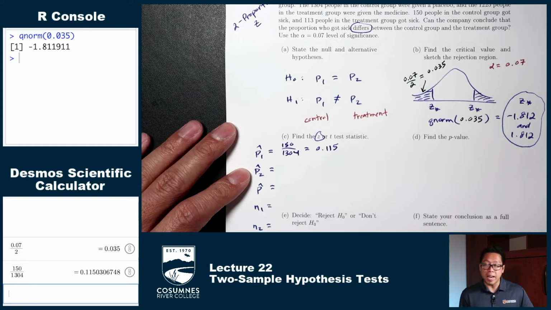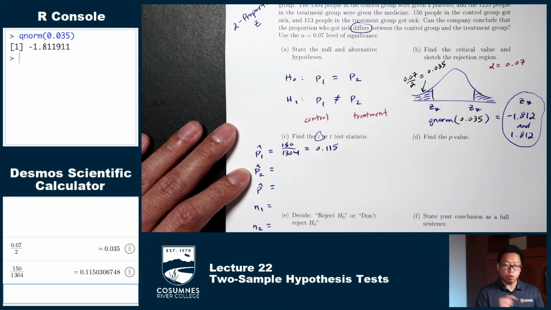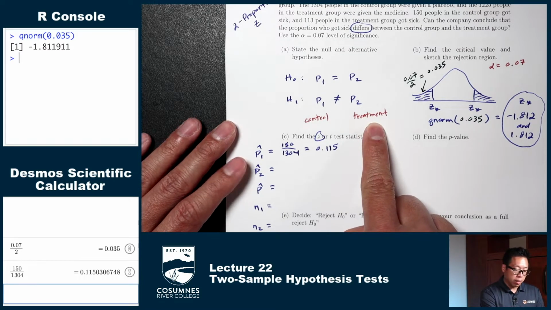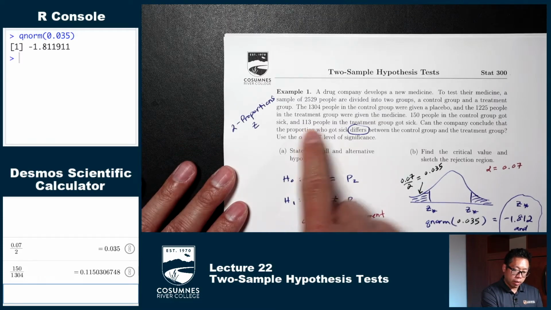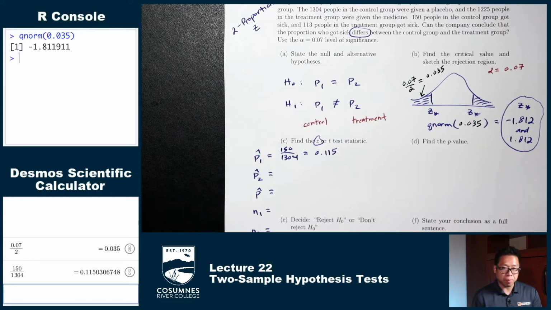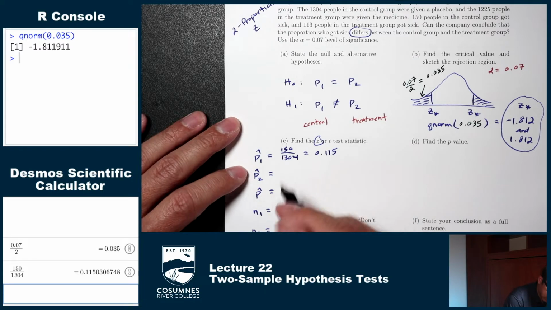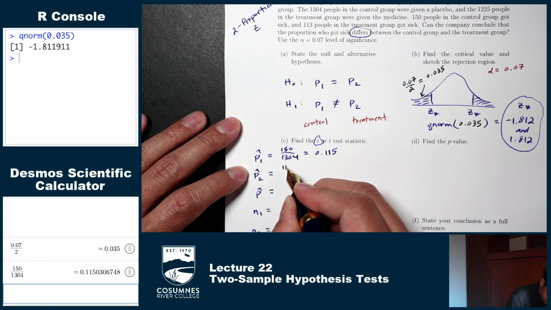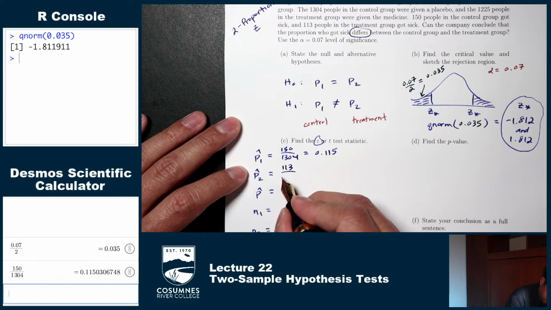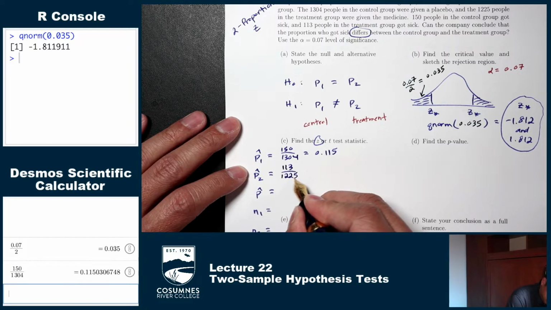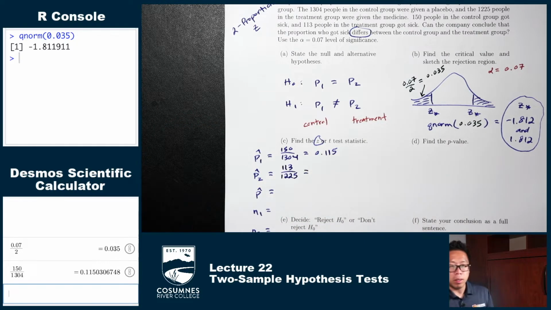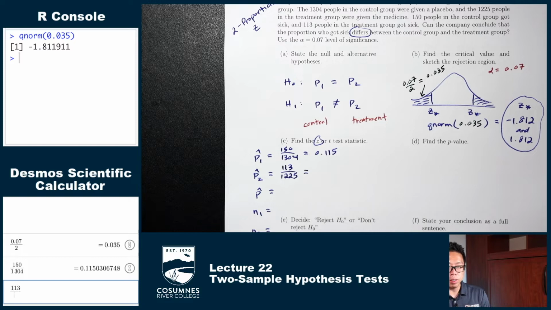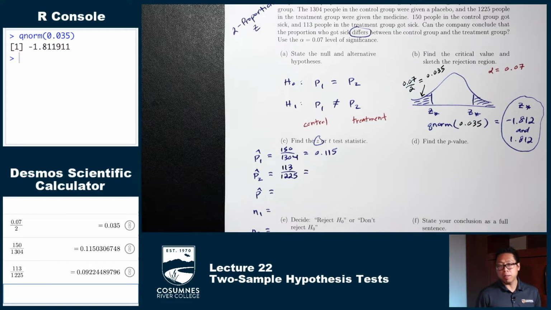So P2 hat, that's the proportion of the treatment group that got sick. That's going to be 113 out of 1225. So on a calculator, 113 out of 1225. Round to 3 decimal places, this is 0.092.